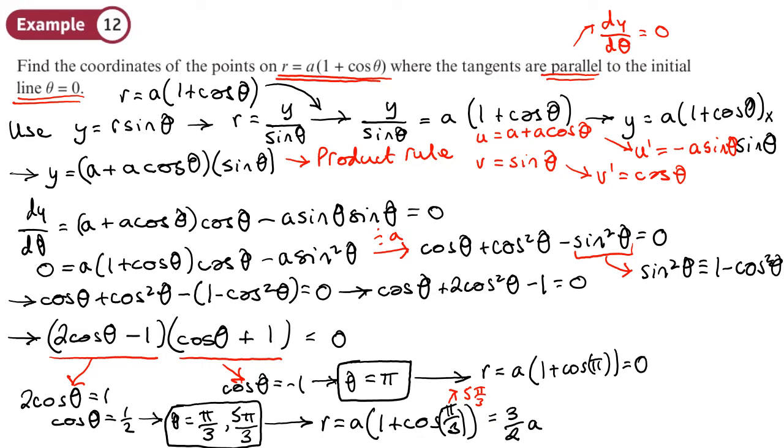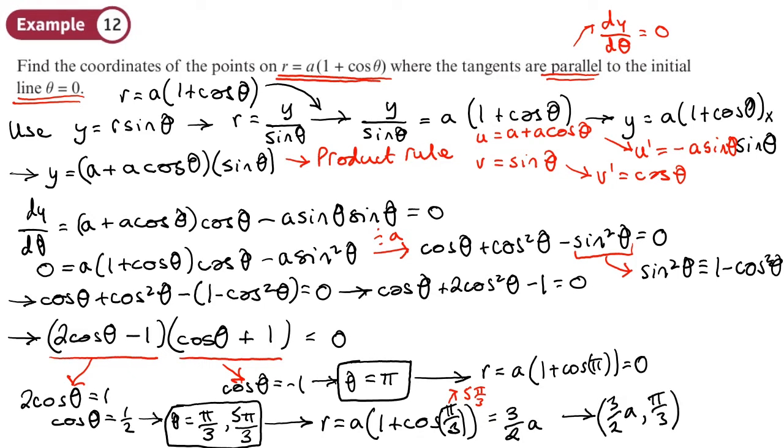So the coordinates of the points where we have these tangents parallel to the initial line, they're going to be at the following coordinates. Remember we'll write it as r, theta. One is going to be 3 over 2a, pi over 3.